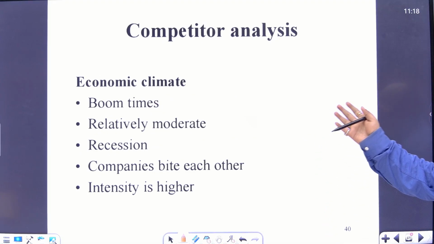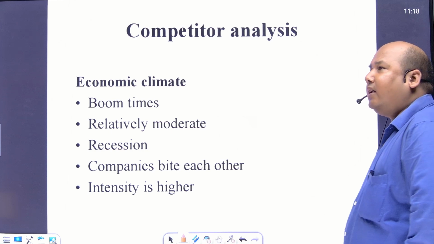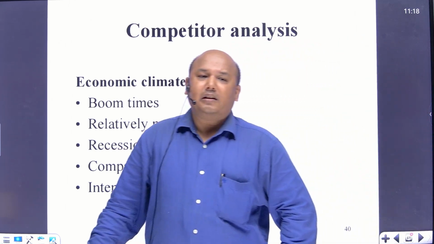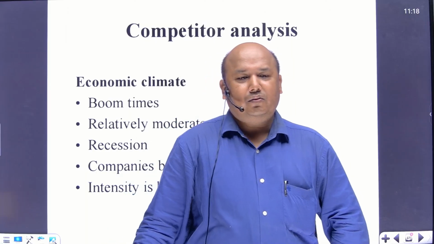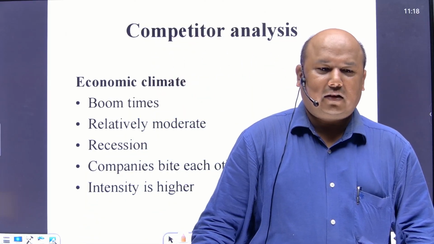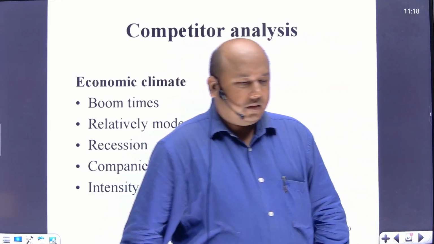Economic climate: in boom times, moderate recession. Every time in IT we see a recession. If anything happens in the UK, USA or European countries, we are also affected by them because we are dependent on them.